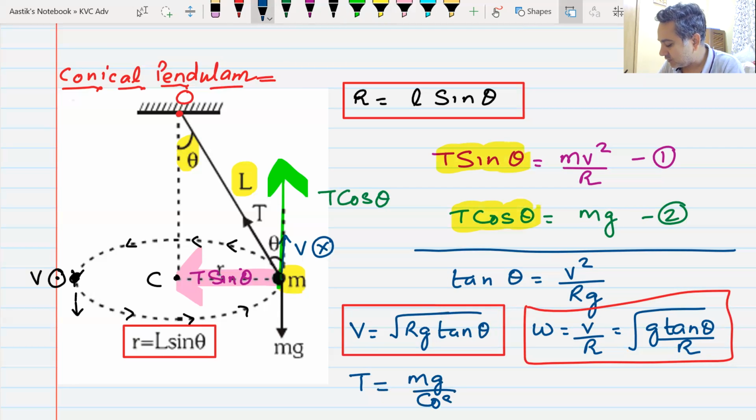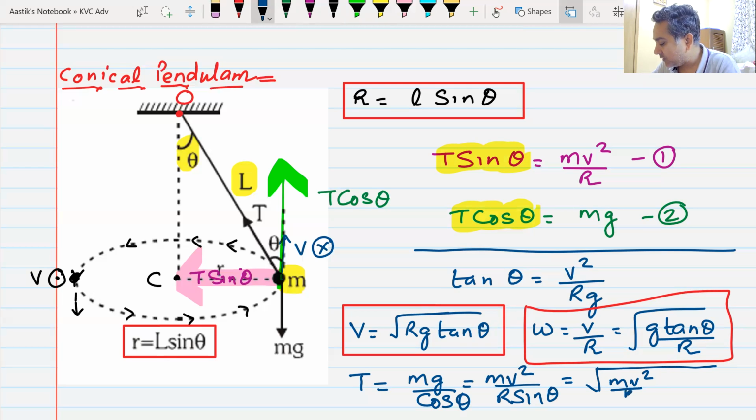T is mg by cos theta, but that was not the answer I was expecting. You can also write it as mv square by r sin theta. That was again not the answer that I was expecting. The answer that I was expecting was this one, root over mv square by r, the whole square plus mg whole square. I hope you understand how I have achieved this answer. Yes or no?